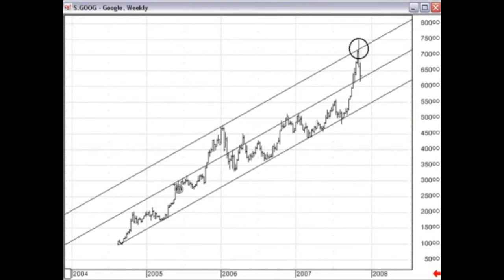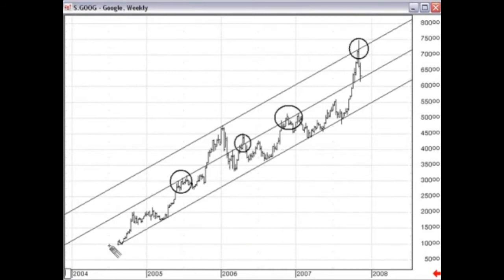Notice the midpoint of this trend line provided resistance here, again here, and also here. And this is one reason why I like to draw the parallel lines so much, and when I do, I like to include the center point or the midline.